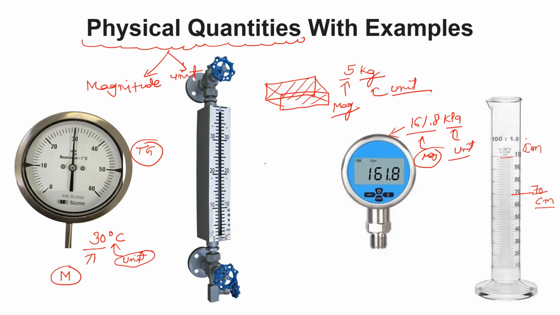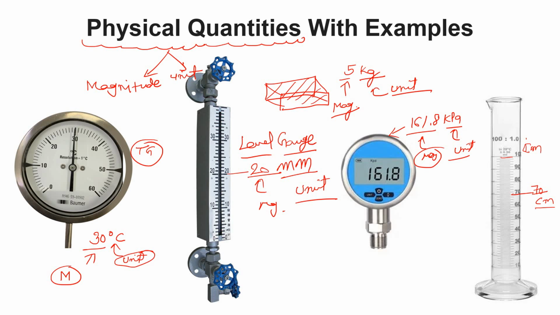And same, let's suppose in this level gauge you are measuring the level, and the level is at 20, and here will be some unit. Let's suppose the unit is meter or mm. So the 20 will be the magnitude and this mm or m will be your unit. I hope you are able to understand the meaning of physical quantities. Anything which you can measure is a physical quantity.